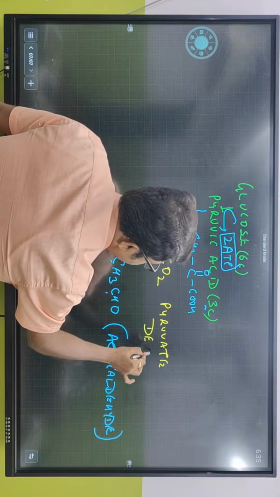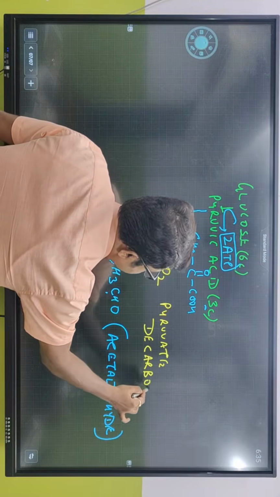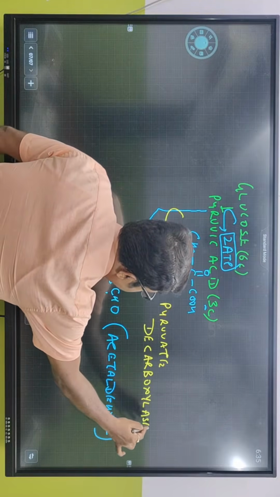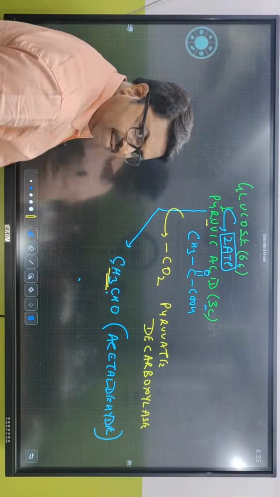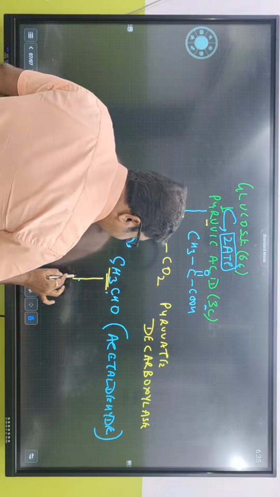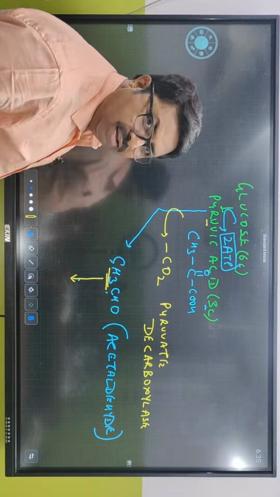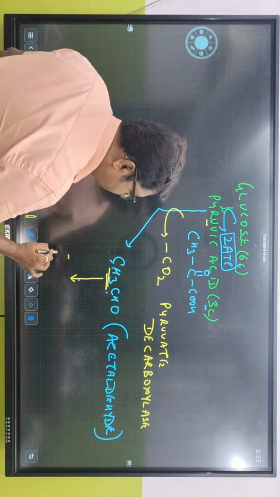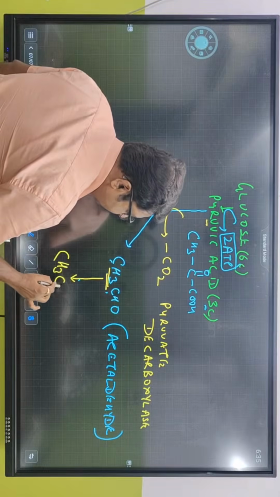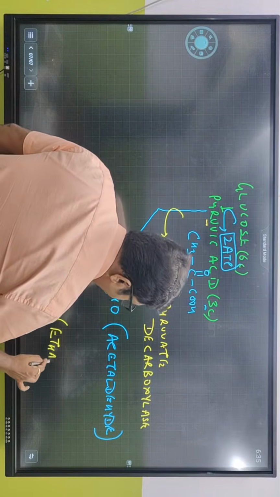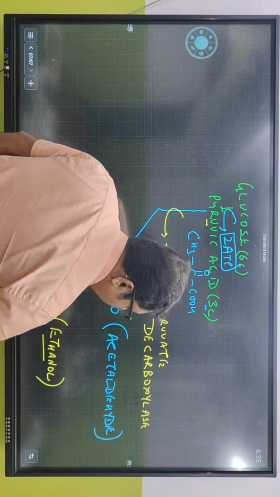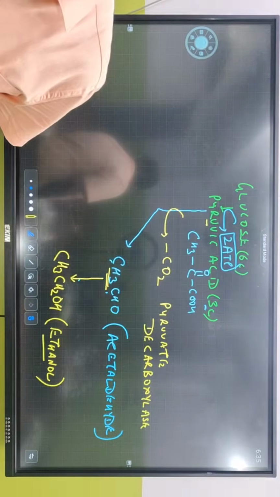Pyruvate decarboxylase. Pyruvate decarboxylase is going to change pyruvic acid into acetaldehyde. And this acetaldehyde is going to ultimately form into what? Into ethanol. That is CH3CH2OH. This is ethanol. क्या बन गया? Ethanol बन गया.